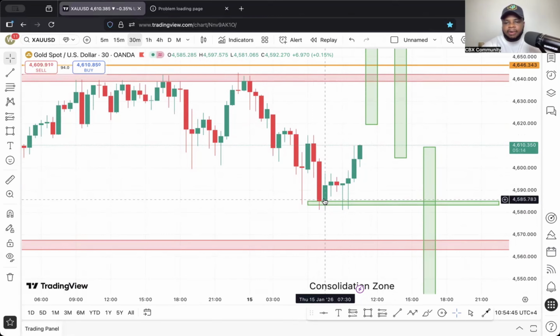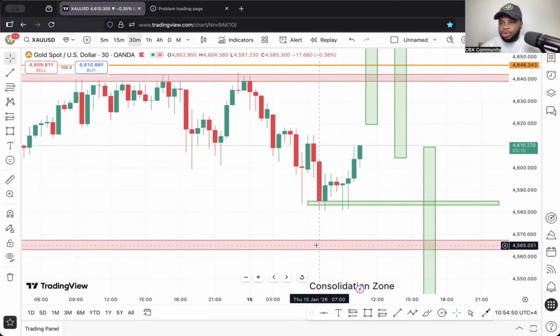So we are able to identify our resistance zone over here and our support zone using the H1. Right now, we are at the 30 minutes. All we need to do is identify the recent support and the recent resistance, and then consider the range from the resistance zone to the support zone so that we're able to know how much we are anticipating the market to break our resistance and how much we are anticipating the market to break our support zone.